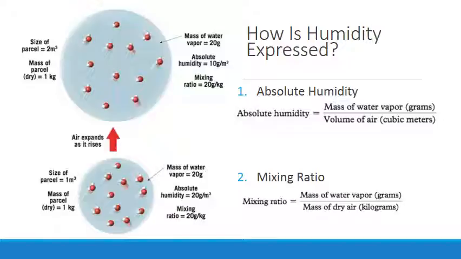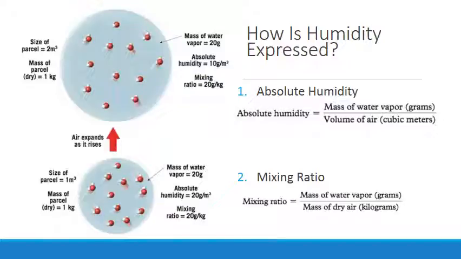Consequently, it's difficult to monitor the water vapor content of a moving mass of air when using the absolute humidity index. So usually meteorologists prefer to use the mixing ratio to express the water vapor content. The mixing ratio is the mass of water vapor in a volume of air divided by the mass of everything else besides water.